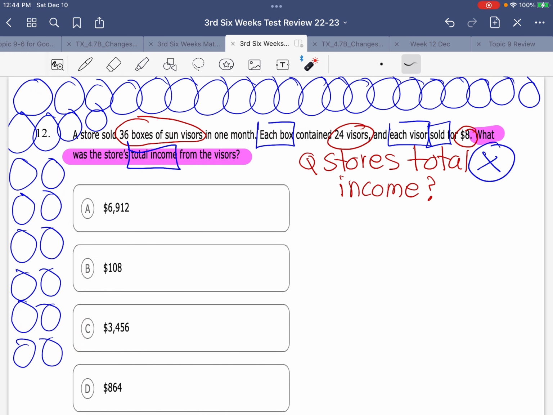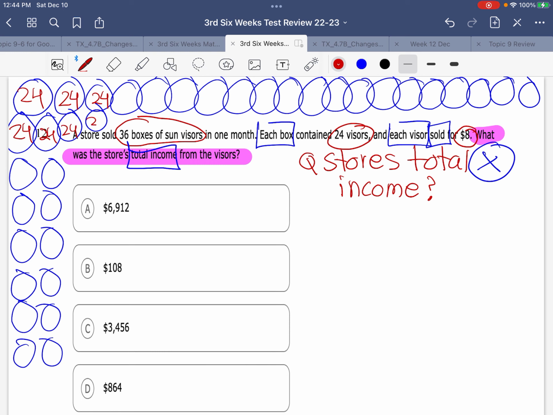They're saying that each box, so all of these boxes, each one contains 24 visors. Okay, sun visors are the things that you put on top of your head to block the sun. Each has 24 visors in it. So this one has 24, this one has 24, this one has 24.